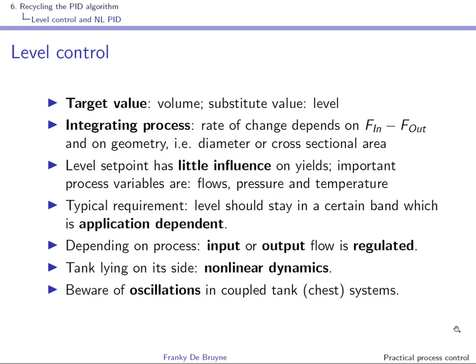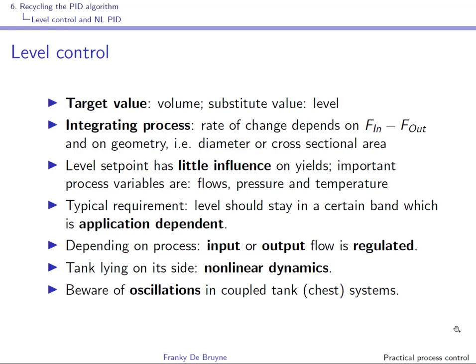Typically level control has little influence on production. But the level should be kept in a certain band, and this band is application dependent, as we will see later. Depending on the process, either the input or the output flow is regulated.